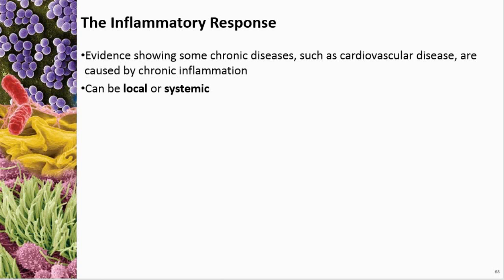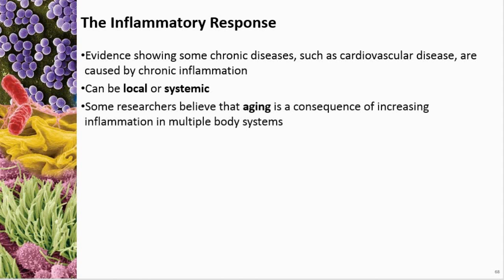A lot of people think that aging is a consequence of inflammation. Certainly there's a component of oxidation from free radical damage, but probably also I'm fairly convinced that inflammation has a massive role in chronic diseases.